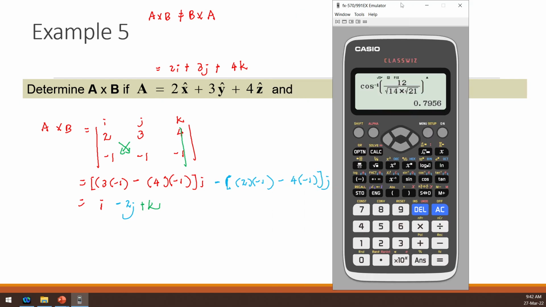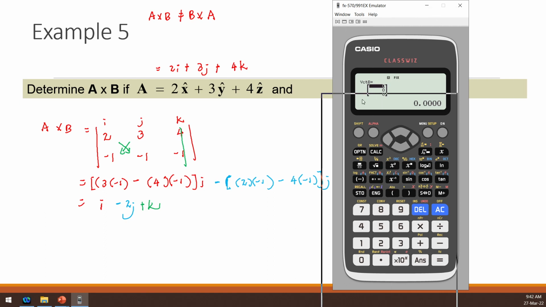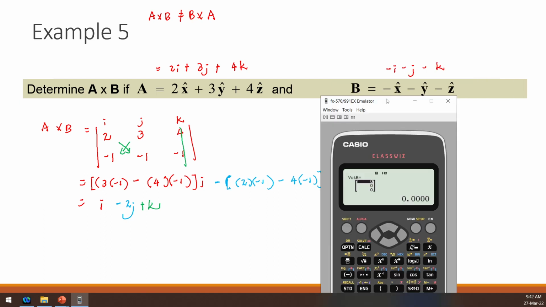Especially for the cross product, in the vector mode, you can define the vector A. Dimension is 3, so the input is 2, 3, 4. Then you clear it, go to options, 1, define vector B. Dimension is 3, and input -1, -1, -1.